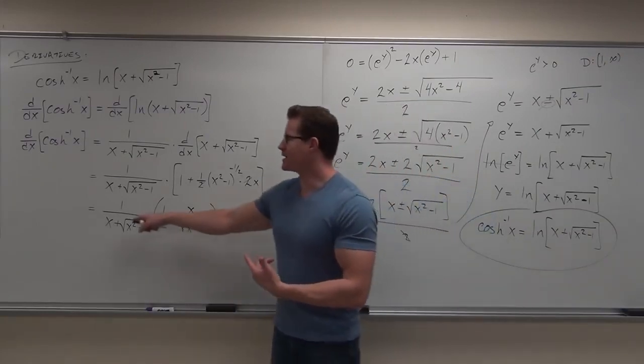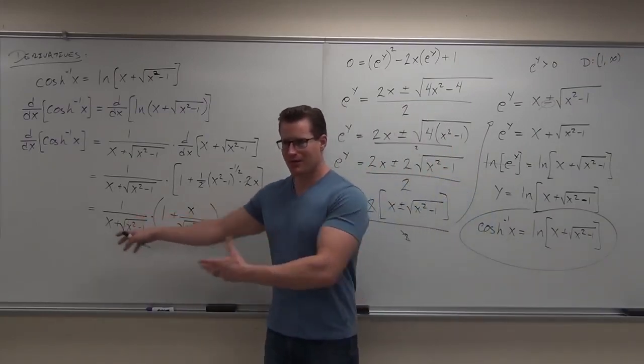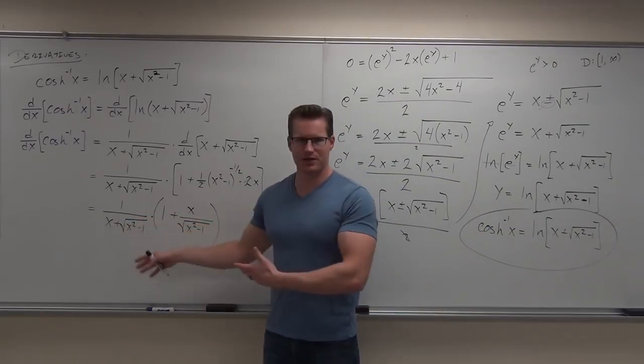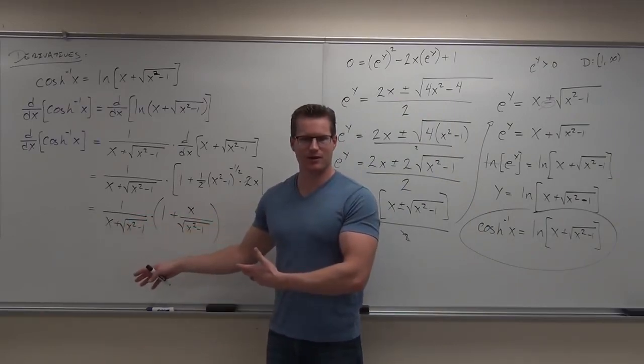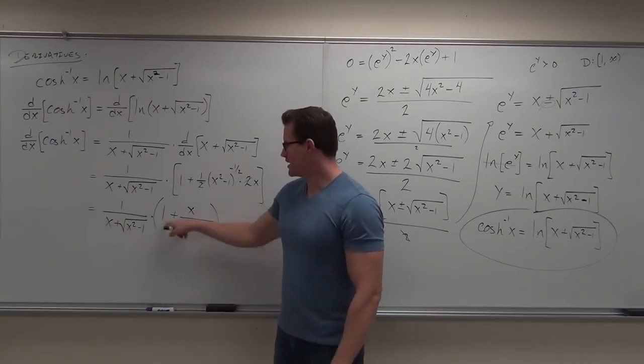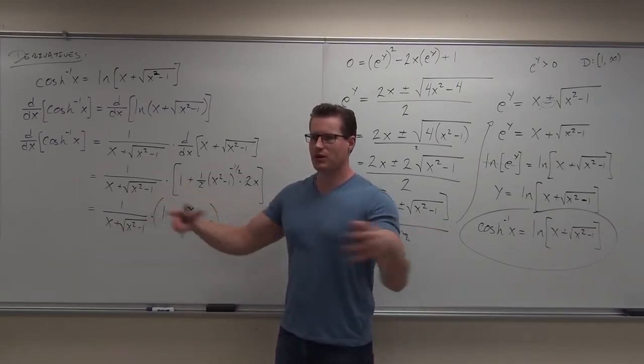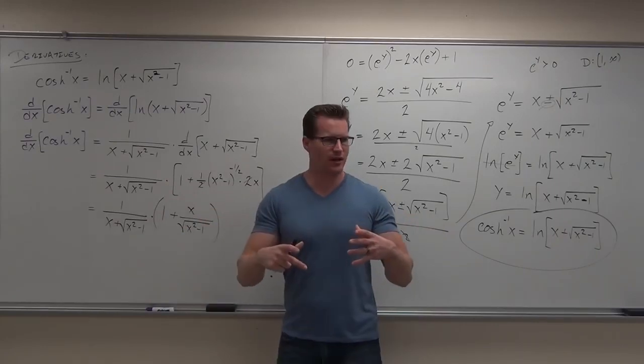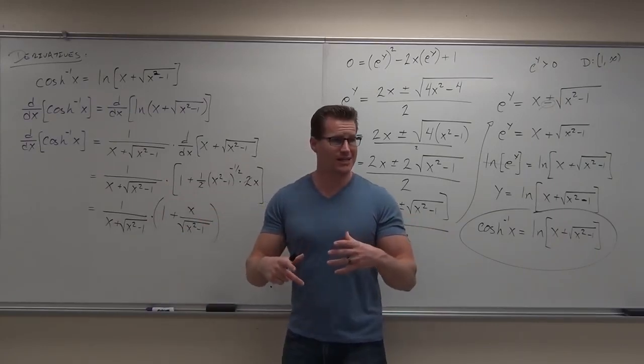Now, this looks pretty bad. And if I gave this to you as a formula for a derivative, you'd be like, I'm sorry, what now? So we're going to make this thing prettier. There's two terms here. Let's make one fraction out of that. Which is really easy because it's 1.